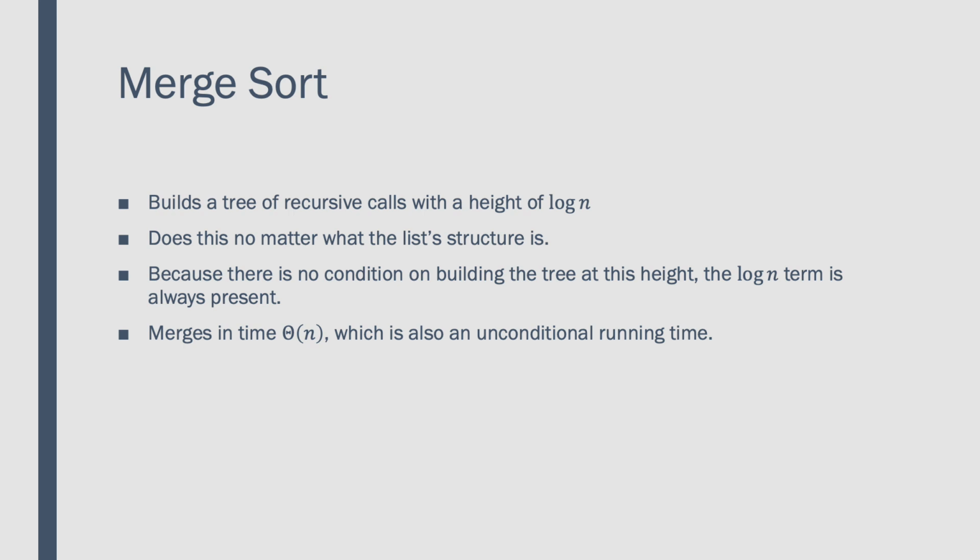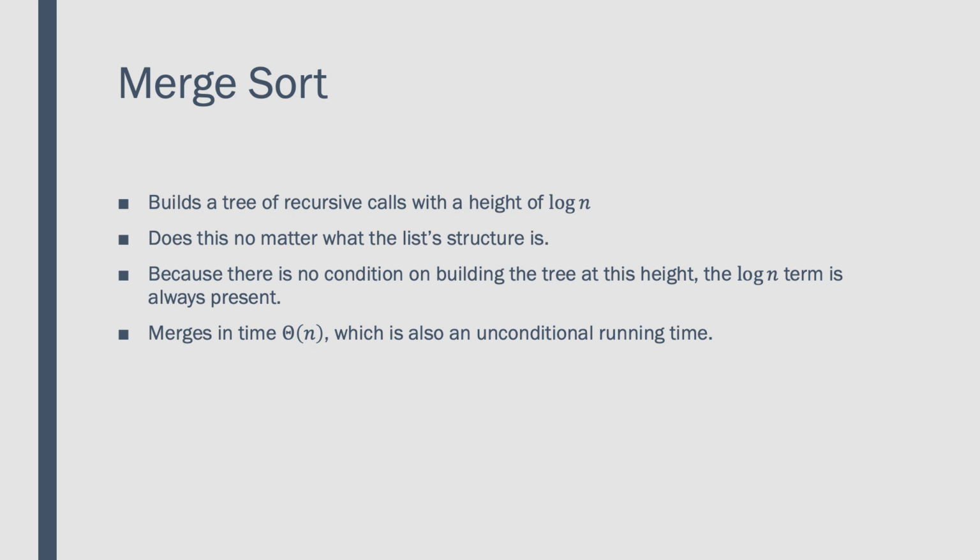And after dividing, merge sort starts to merge the sorted sublists, and this process requires comparing elements and combining them in the correct order. The merge step runs in linear time for each level of recursion, which is big O of n.